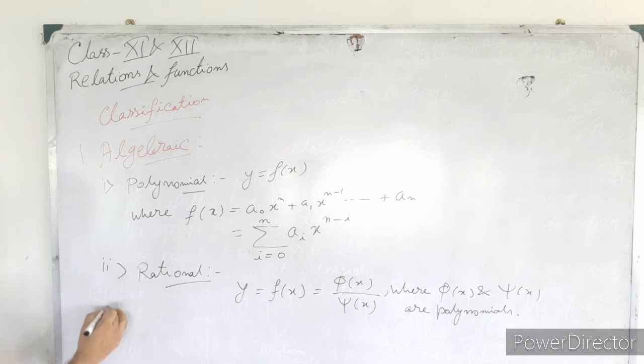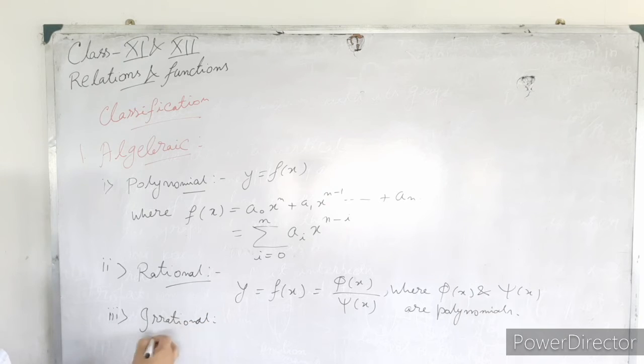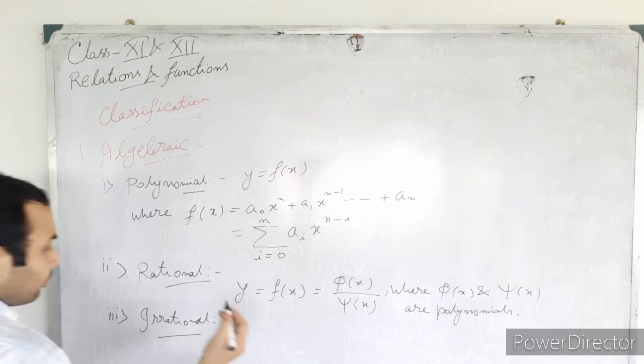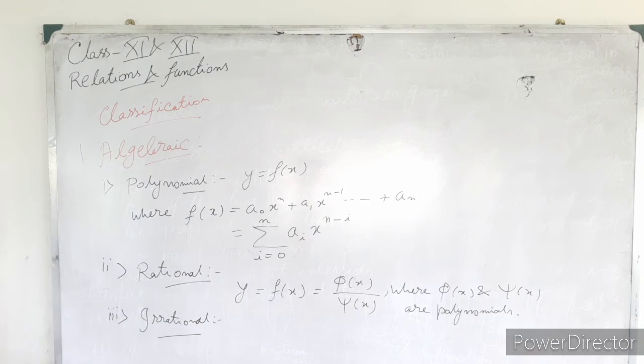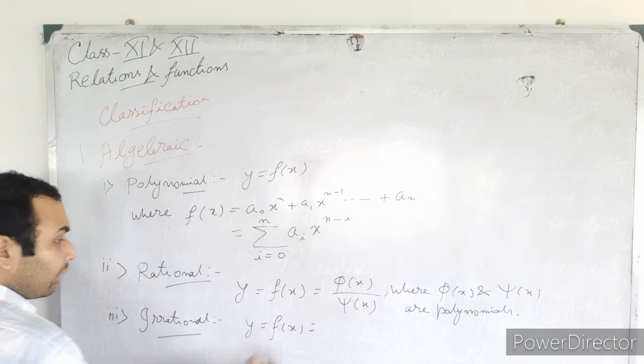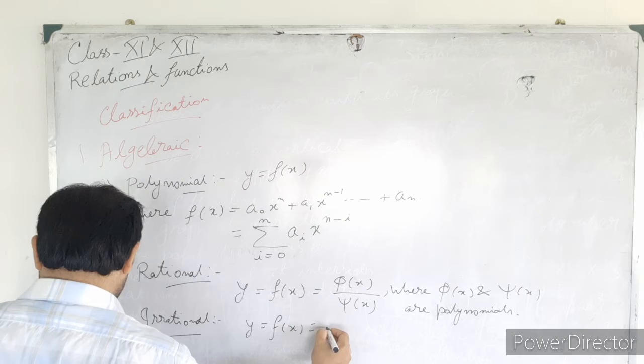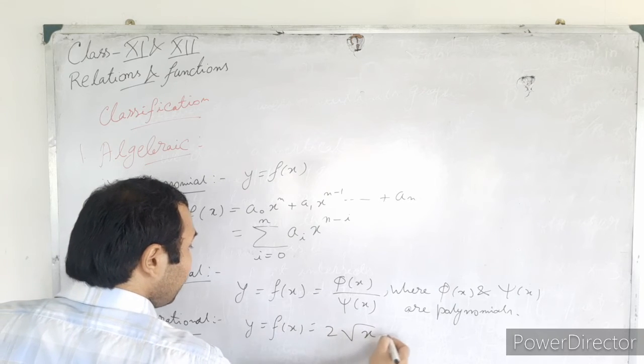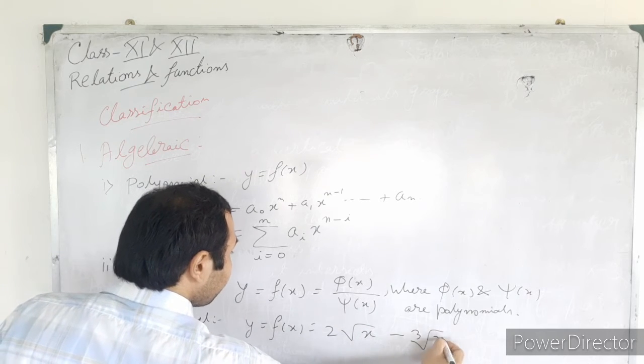And number 3, the irrational function. You know the properties of the irrational, that is no proper integral power will be there. Say y equals f(x) such that it is 2 root over x minus cube root of x.